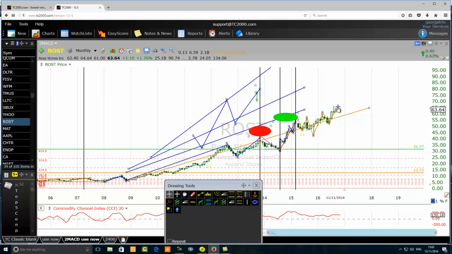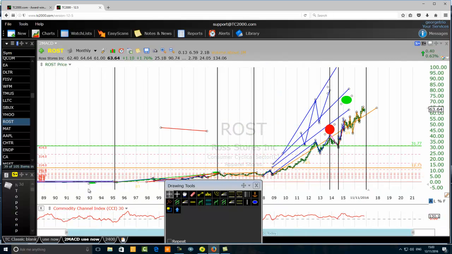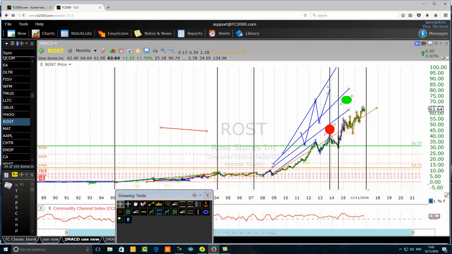So how do I know this? Look at this. When the expanded flat correction is being formed at the end of the 5th wave, I need to see the top of my 5th wave exactly, because I want to apply Fibonacci extension now to the 5th wave.